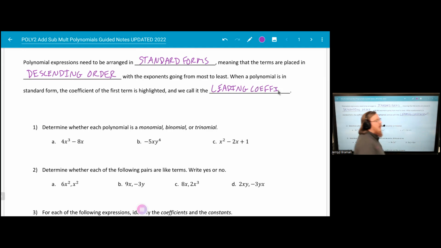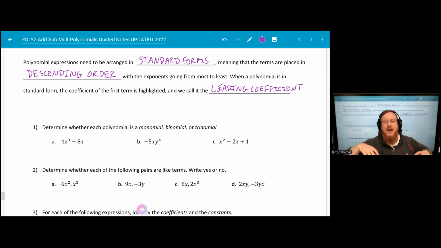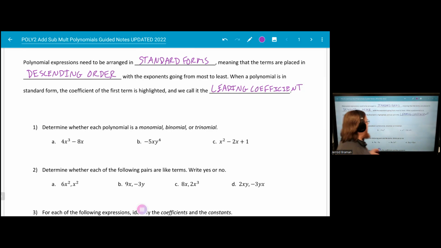That's going to be really important when we go to graph things or when we do some factoring. We're not going to use it necessarily right now, but we need to know it exists and what it is. Can we identify it?